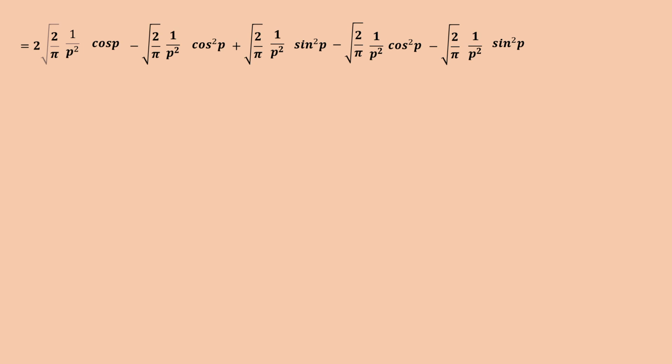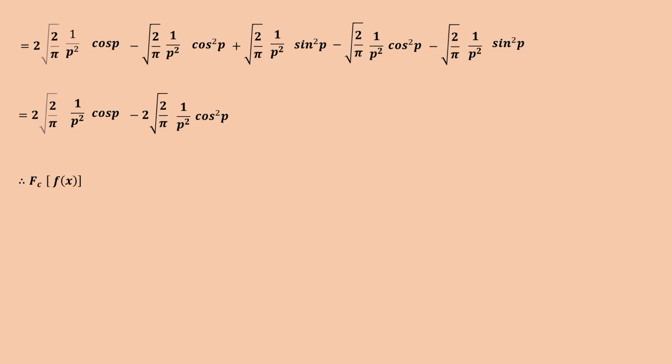So here root 2 divided by pi 1 by p square sine square p minus root 2 divided by pi 1 by p square sine square p, that is the third and the fifth terms get cancelled. So remaining, you are having 2 root 2 divided by pi 1 by p square cos p minus 2 times root 2 divided by pi 1 by p square cos square p.